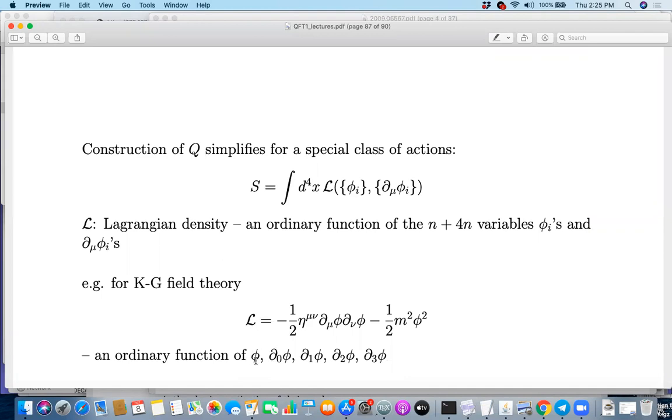You just specify phi at that point and these 4 quantities, time derivative and space derivatives of phi at that point, and you know L. So you need only 5 quantities given to find what L is. Is this point clear? So L is not a functional, it's an ordinary function.